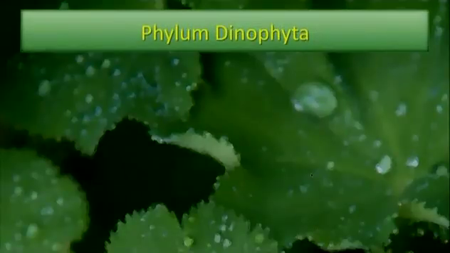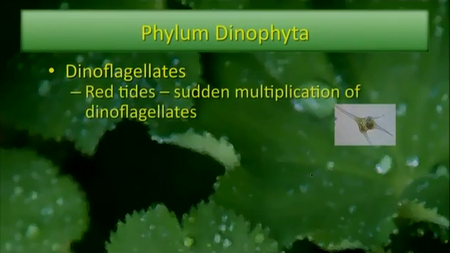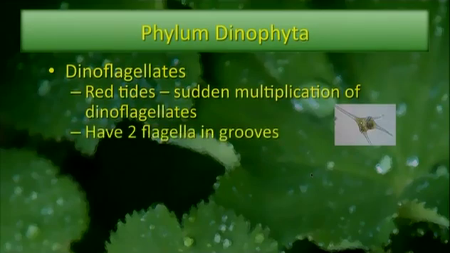Now we go to the phylum Dinophyta. These are the dinoflagellates. They lend a reddish tint to the water during red tides. A red tide is what happens when you have a sudden multiplication of dinoflagellates. They have two flagella in grooves, and you can see here, one groove is around the middle of it.